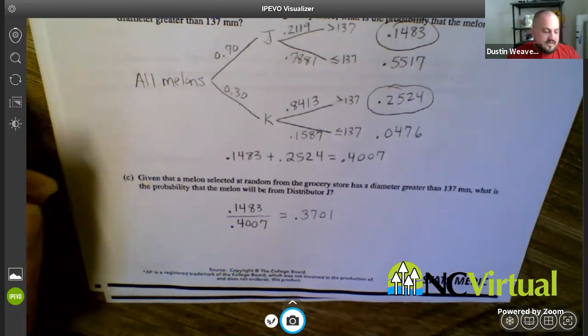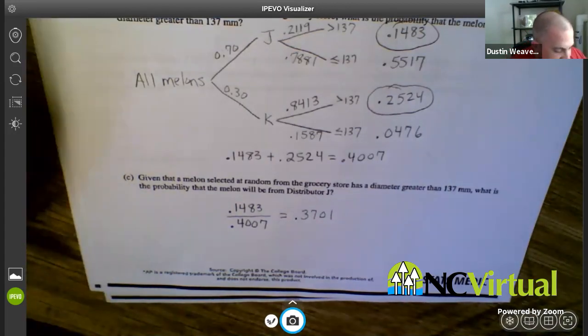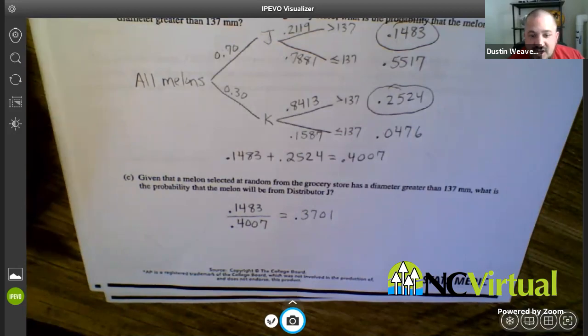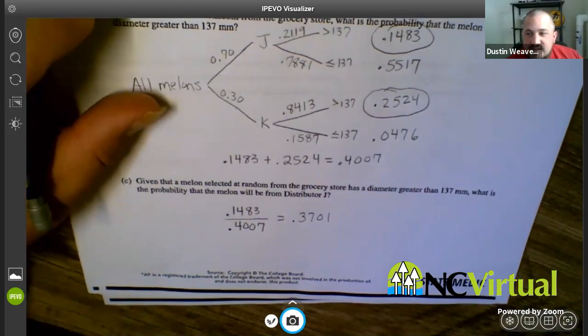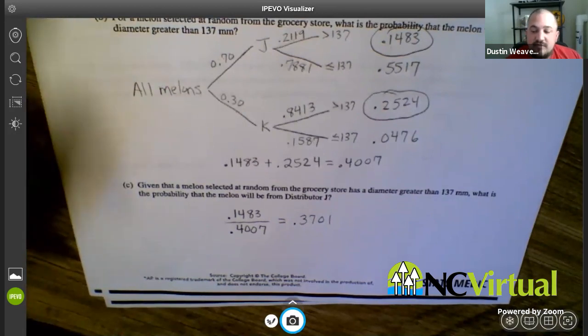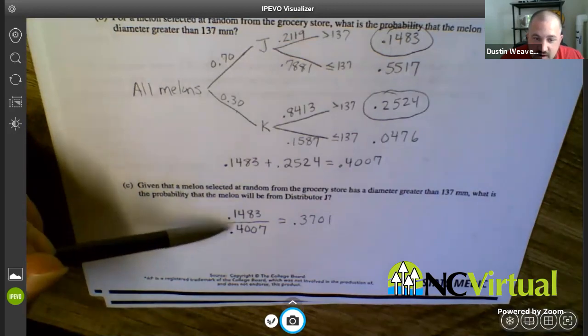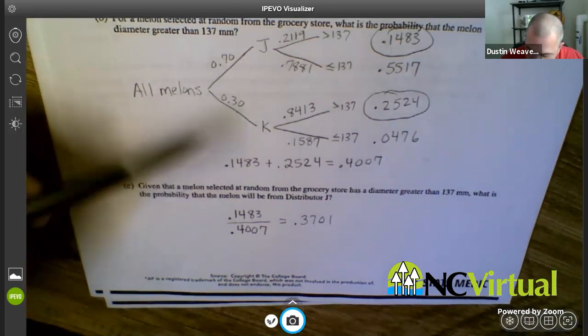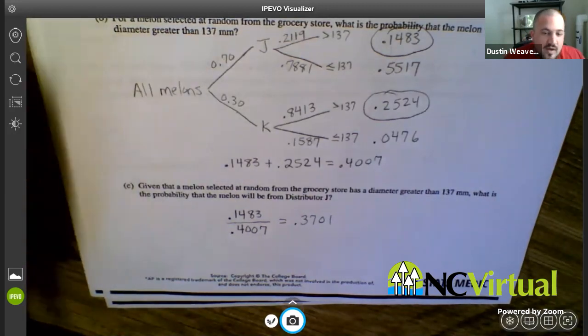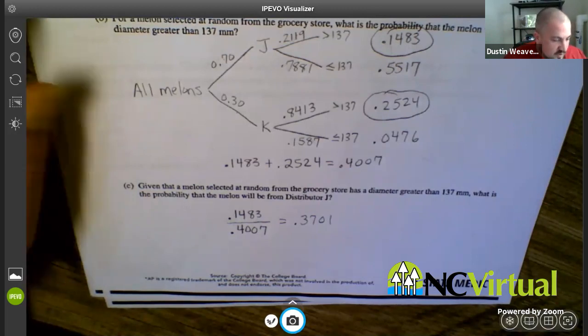And so there's a 37% chance that the melon will be from distributor J, given that it has a diameter greater than 137. So anytime you're given some information, that is now your denominator. So your denominator is now that it is greater than 137, and then this is your probability. Okay. So that was part C.